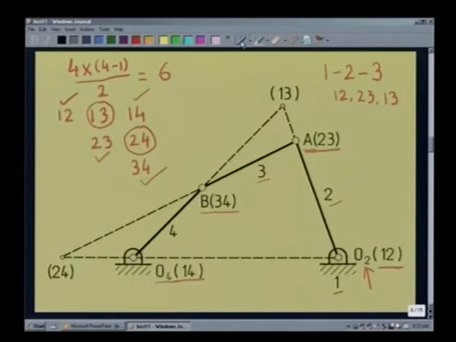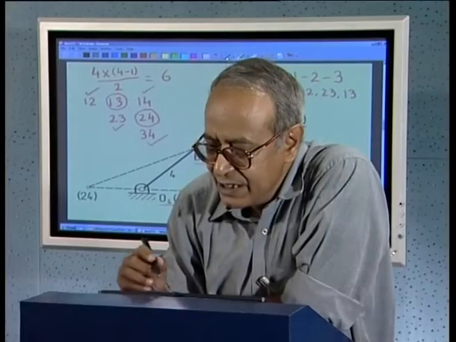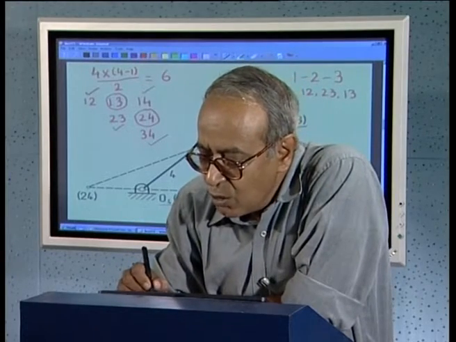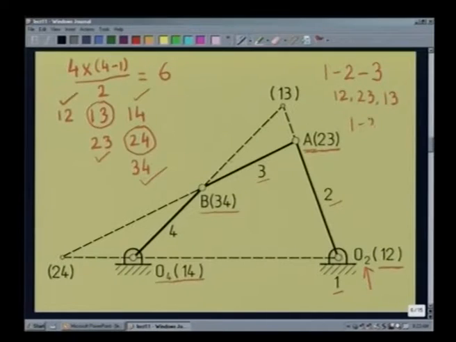Next, let us consider 3 rigid bodies, namely 1, 3 and 4 in relative motion. Consequently, the 3 relative instantaneous centers, that is 1 3, 1 4 and 3 4 must be collinear. Out of these 3, we have already determined 1 4 and 3 4.